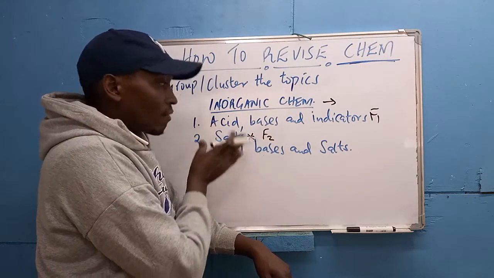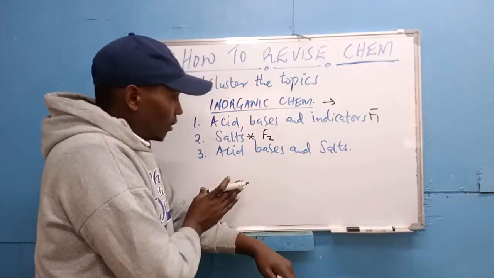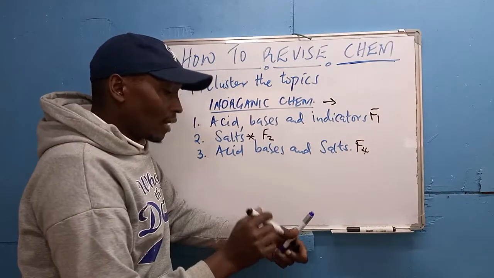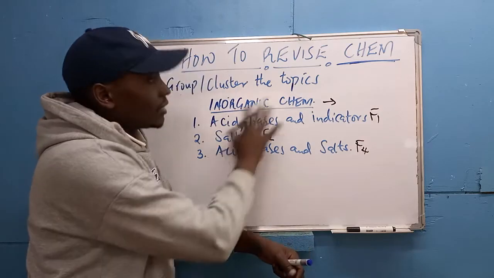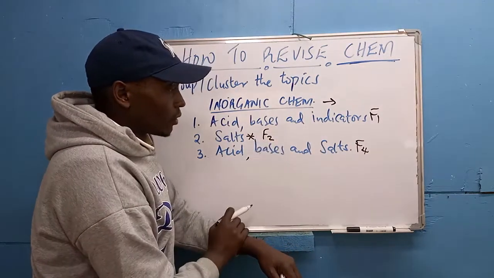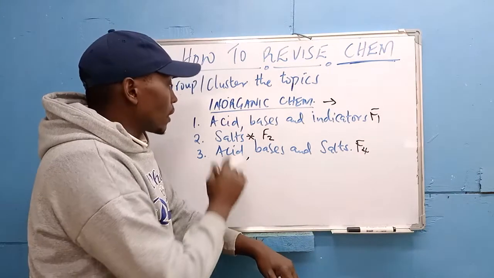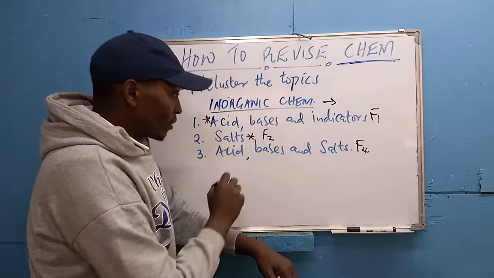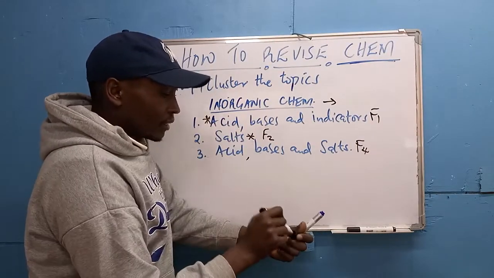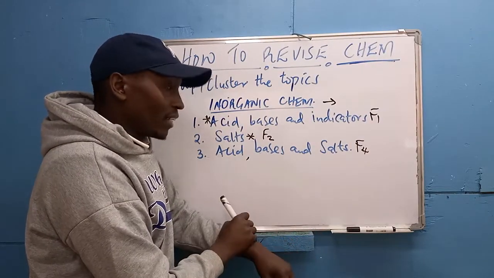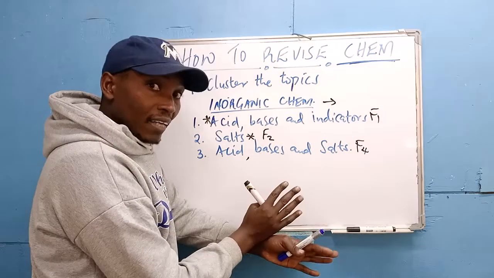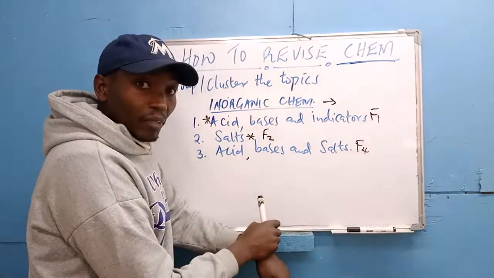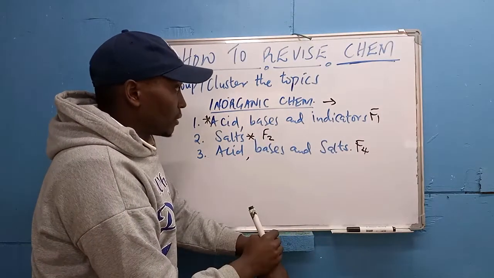And then the 2 topics lay a foundation for another topic in Form 4, acids, bases and salts. So you can see these are just 3 topics from different levels, but they are all talking about the same thing. Remember, the acids are the mothers of salts. Salts come from acids. So these 3 topics, my student, you can cluster them, summarize them, have a very short note of these, and for this one you need like 30 minutes. You've gone through the 3 topics.